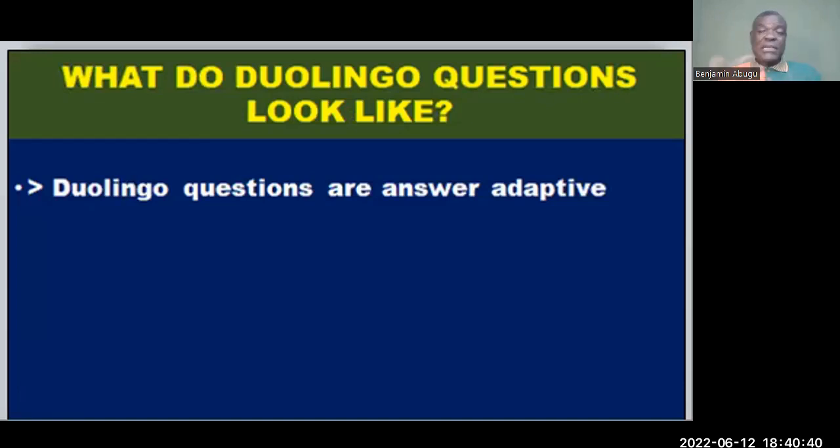In other words, if you answer beginners questions correctly, then you might be given some intermediate questions. If you answer them correctly, you might be given some advanced questions. So that means that if at the end of the test, your experience is that all the questions were more and more difficult, it really means that you were doing well and then you were taken higher and higher.